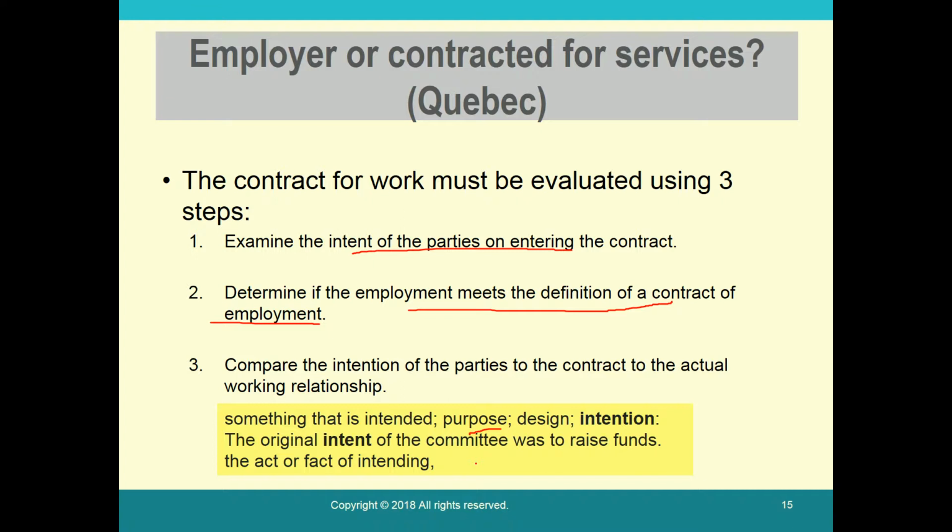All those things will determine the status, and sometimes this matter goes to Revenue Canada and the legislative body, or sometimes to the court, particularly if someone is applying for employment insurance and the EI department says no, you cannot, because you are not an employee, you are acting as self-employed.